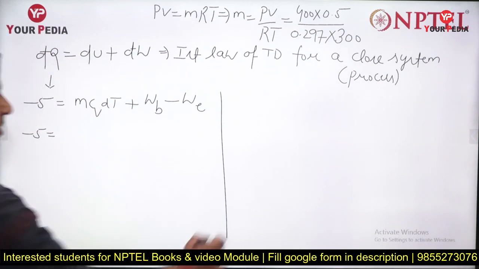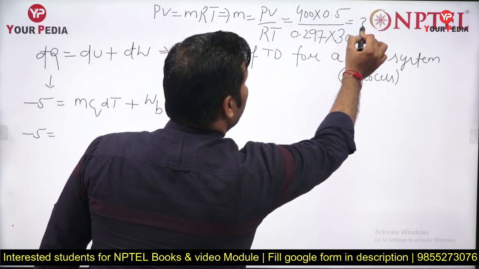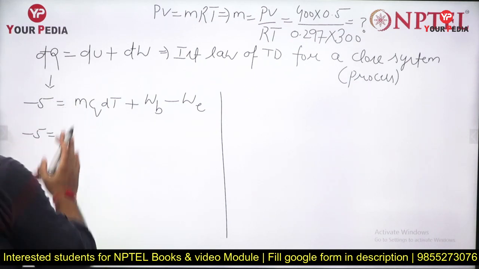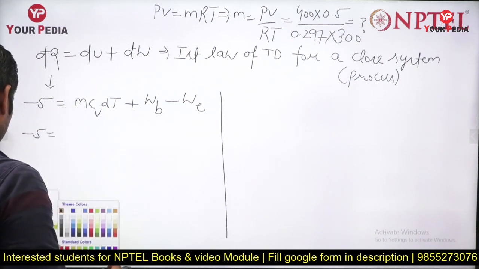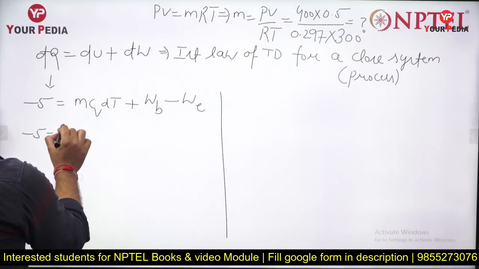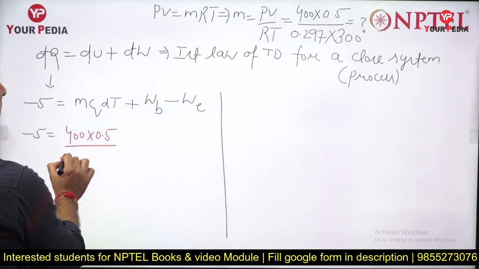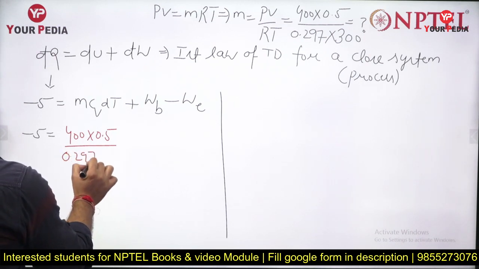Solving this you will get the mass, guys. Fine. So that value of the mass you need to put here. Let me write it here: 400 into 0.5 divided by 0.297 into 300.